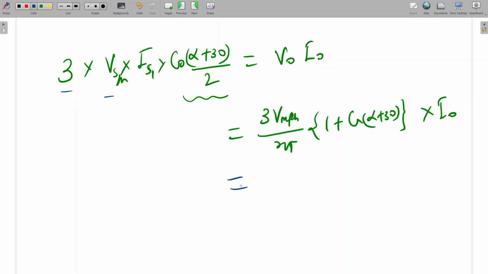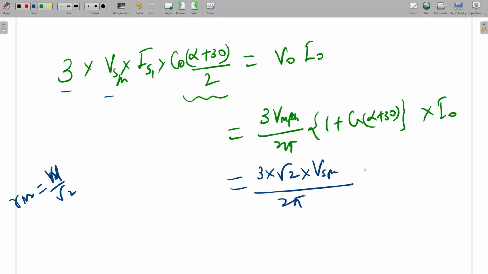So V phase maximum, what will be the RMS? RMS is equal to maximum by root 2, so maximum is equal to root 2 into RMS. So 3 into root 2 into Vs phase RMS divided by 2 pi. Is it correct? Can anyone reply?